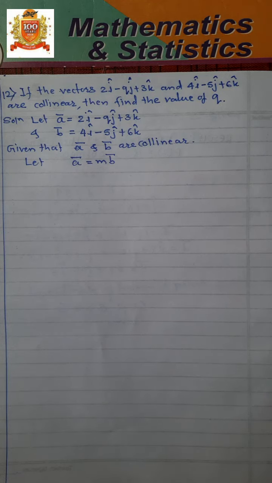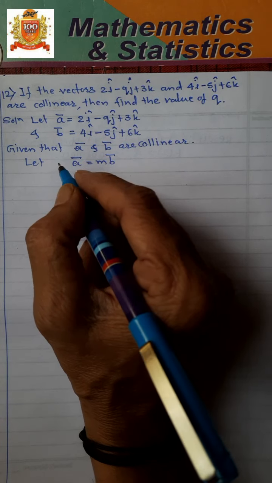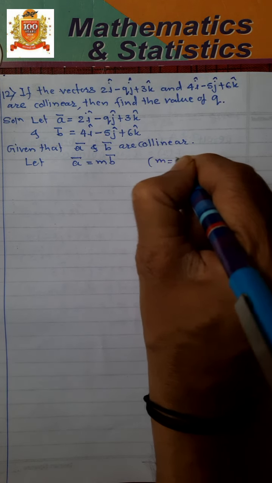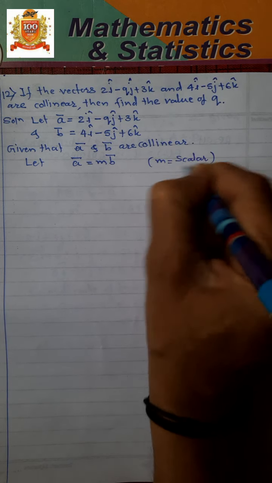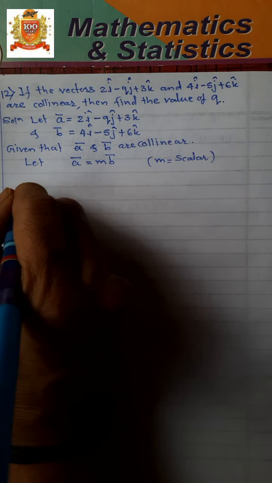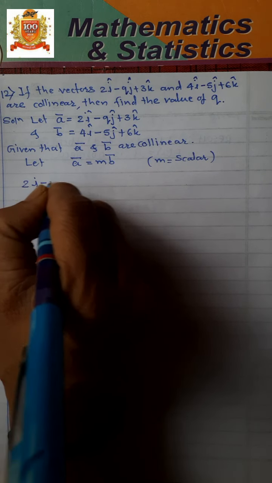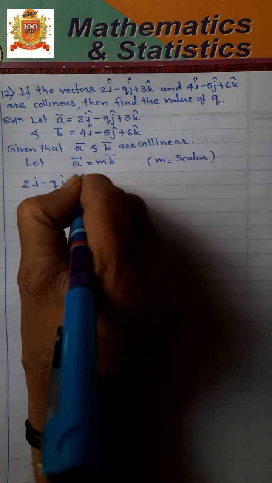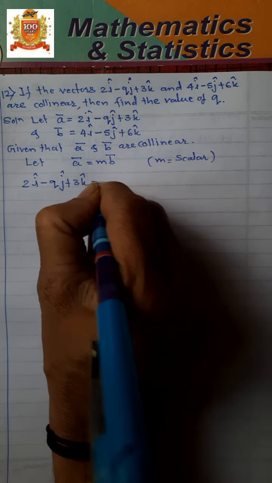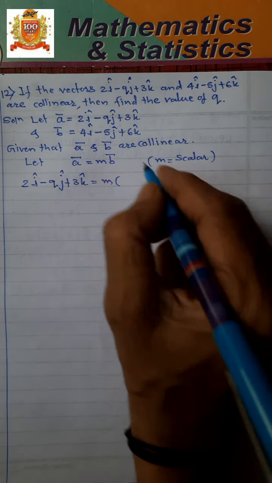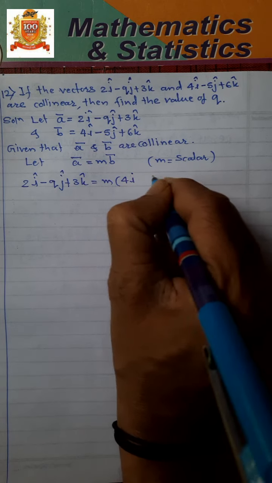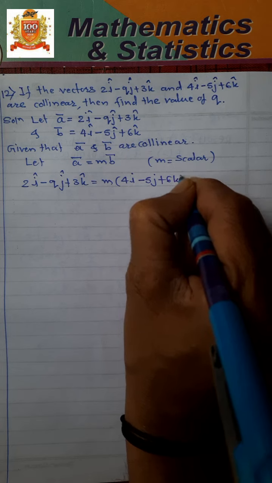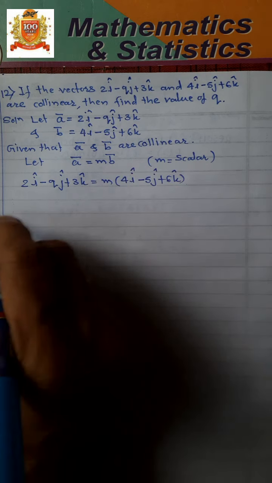Two vectors are collinear if one vector is a scalar multiple of the other, where m is a scalar. Therefore, 2i minus qj plus 3k is equal to m in bracket 4i minus 5j plus 6k, isn't it?